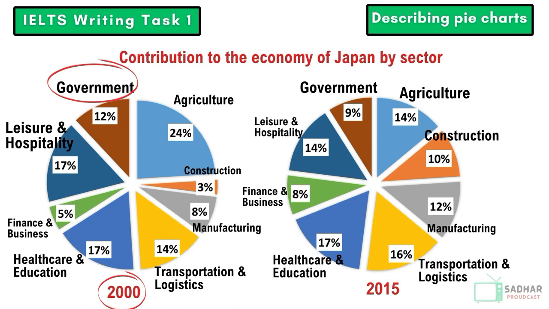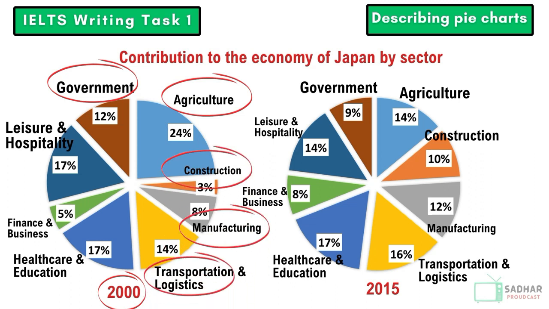In this case, we have government, agriculture, construction, manufacturing, transportation and logistics, healthcare and education, finance and business, leisure and hospitality.